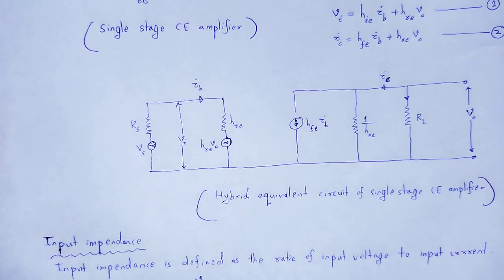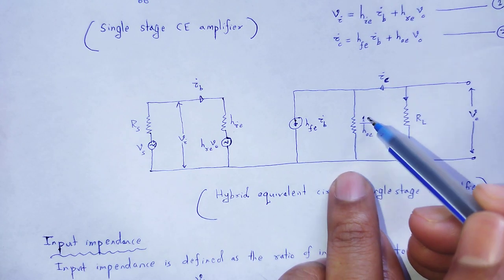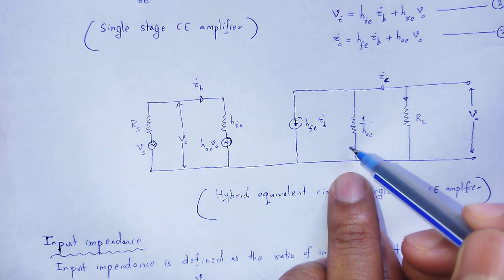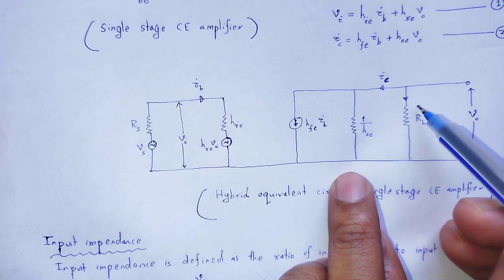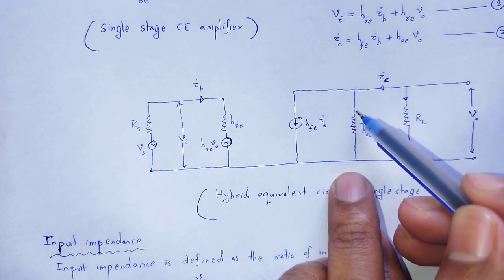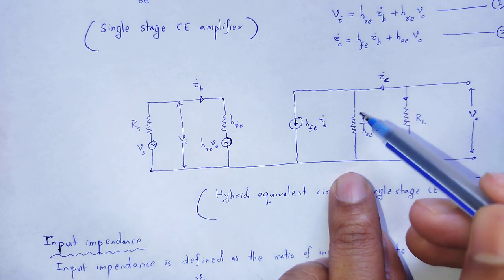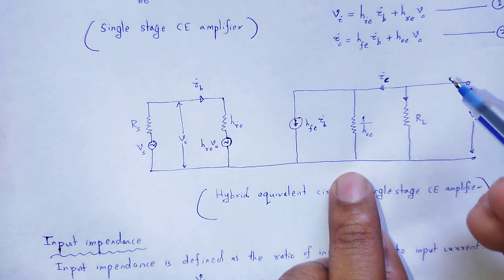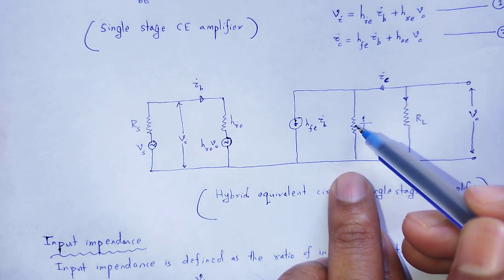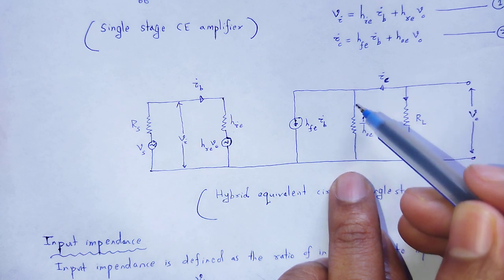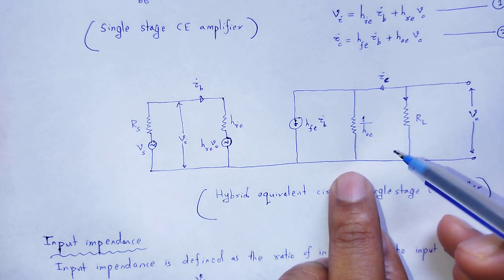In that circuit, the effective impedance can be calculated. We can replace these two resistors with their equivalent resistance as these two are connected in parallel with each other.